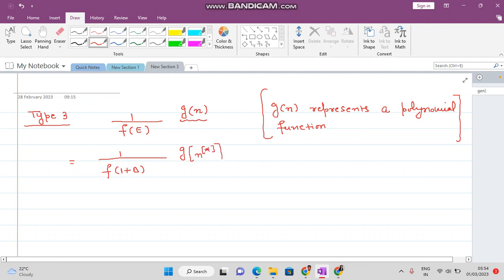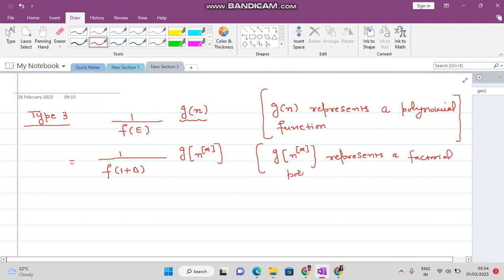This is the notation for factorial polynomial.